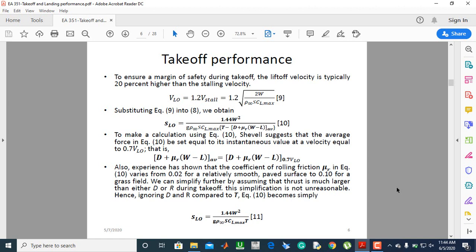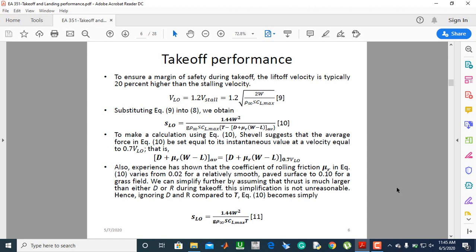for a grass field, then you can also note that from equation 10, the drag and the resistance force, though they are usually smaller compared to the thrust force.